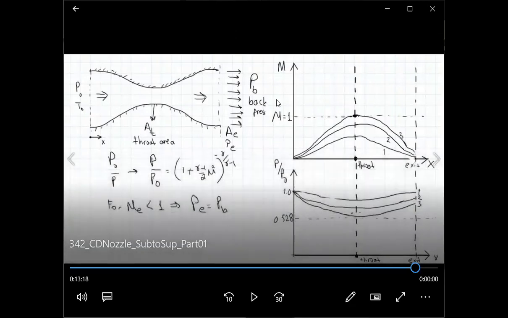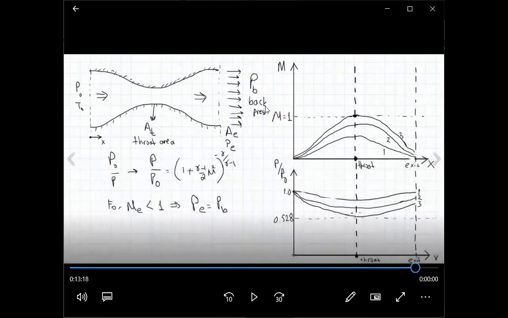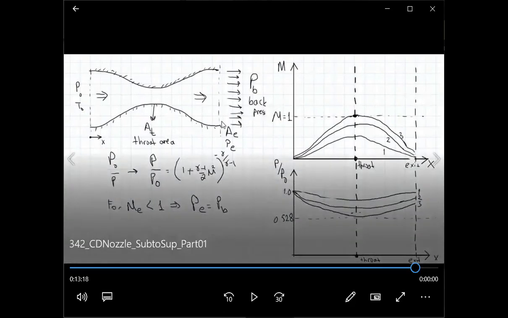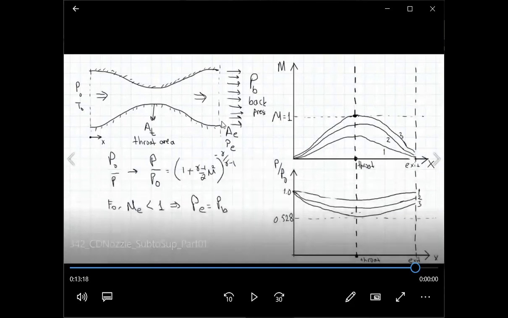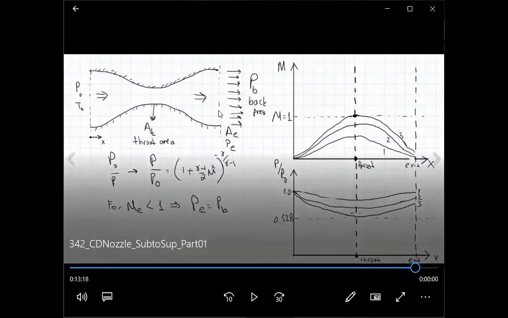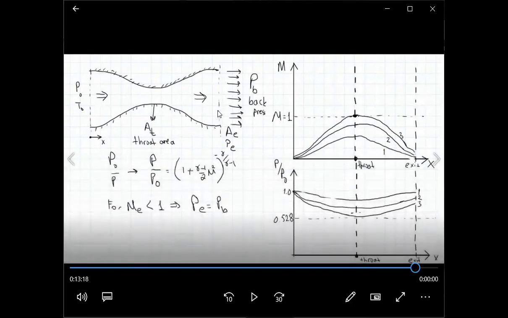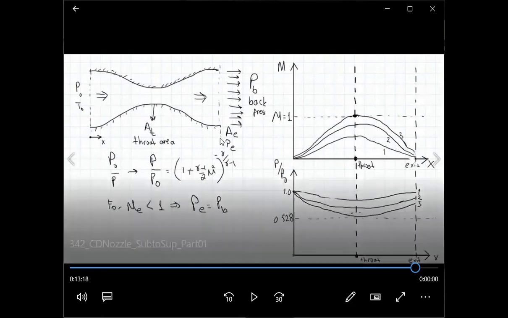PE is not that. PE is the fluid static pressure at the exit plane, where you have sometimes subsonic, sometimes supersonic gas flow, depending on the condition. But if the exit Mach number is subsonic, this exit pressure is equal to the back pressure.